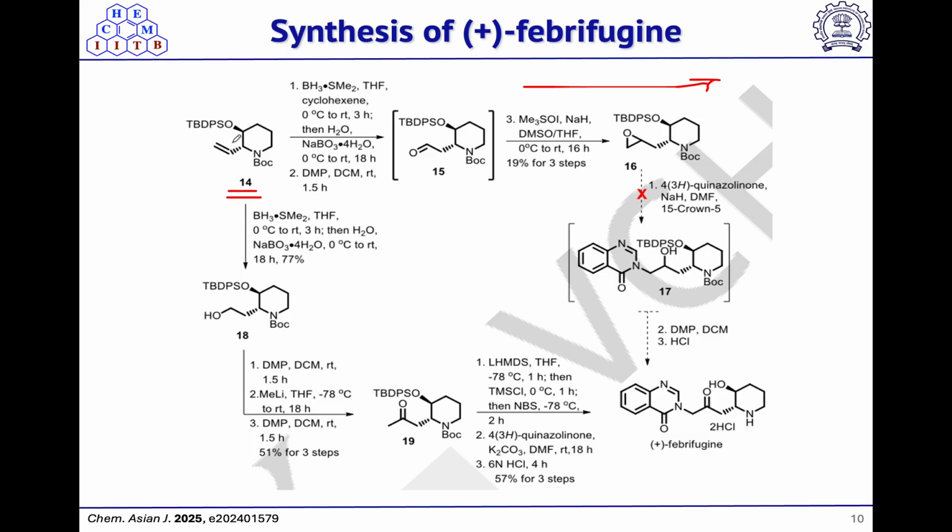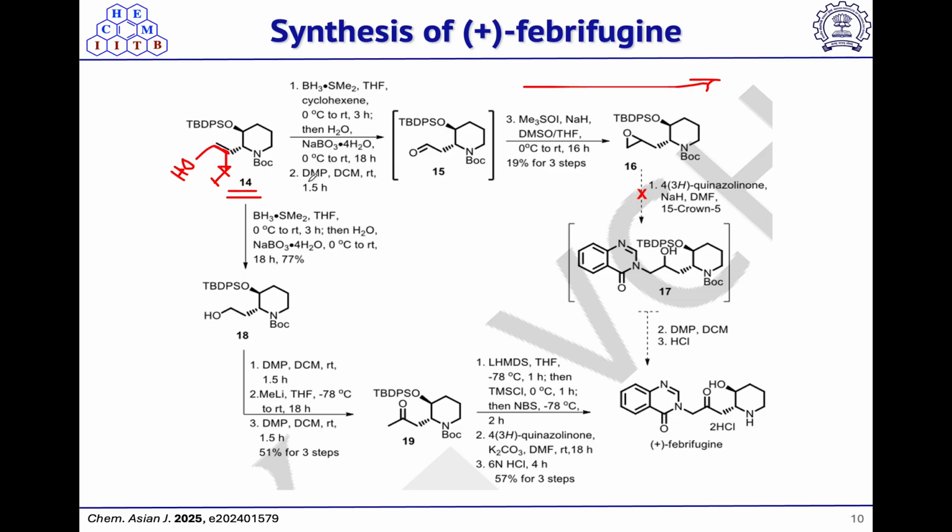So hydroboration oxidation will happen on this carbon-carbon double bond, and we will get hydrogen here and a hydroxy group at this terminal carbon. So in the first step we get a primary alcohol.